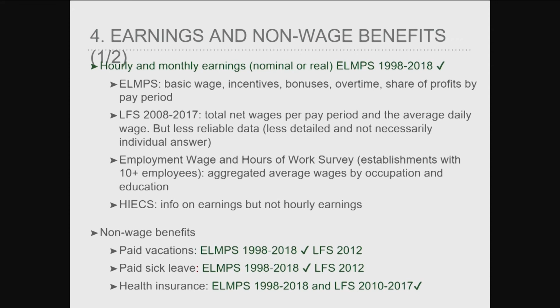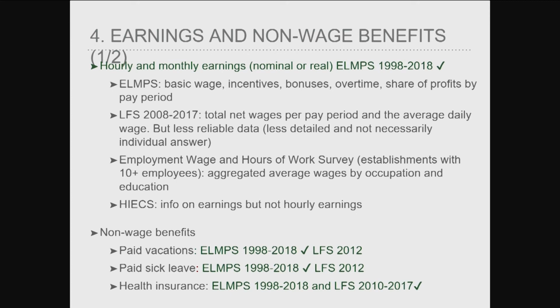So they were able to compute the percentage of working poor, and they estimated in 2018 that it was more than 50%. I think it was 57% of total workers.